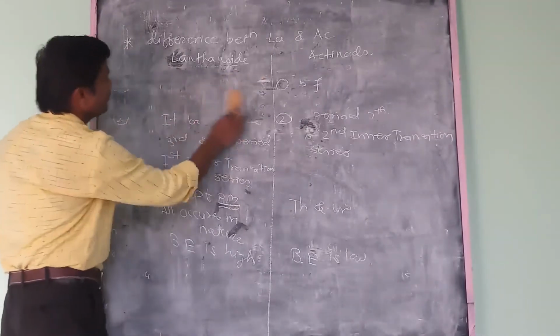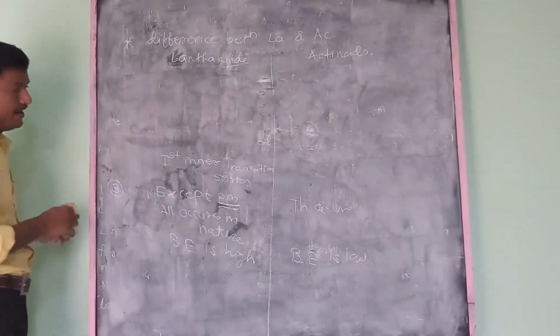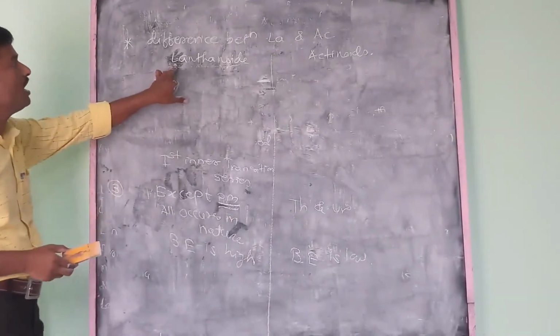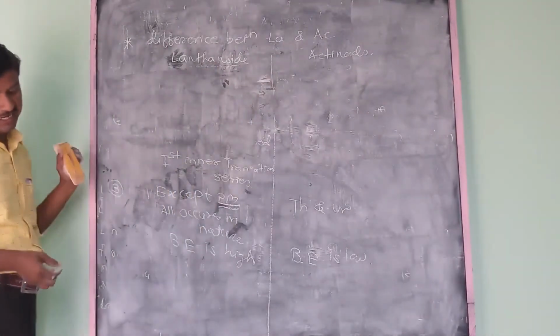Next point, reactivity. Lanthanoids are highly reactive, and actinoids are less reactive.